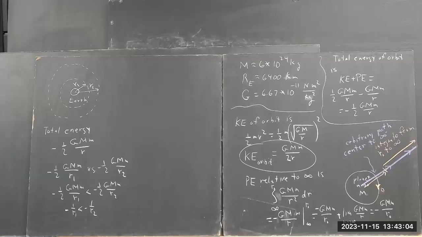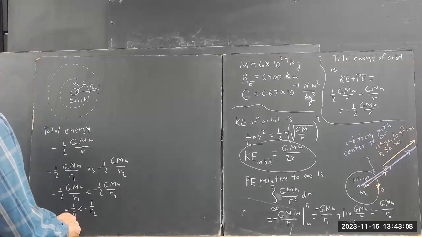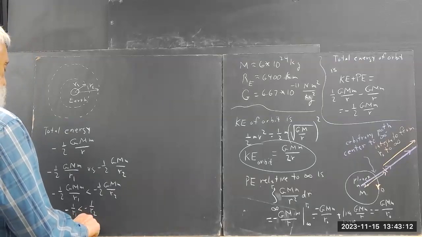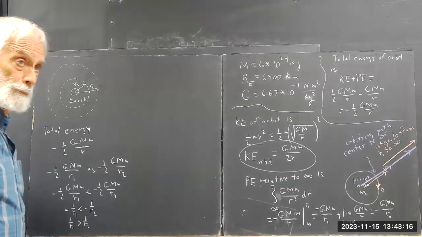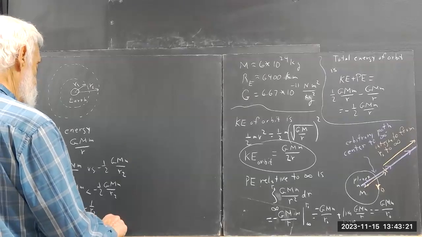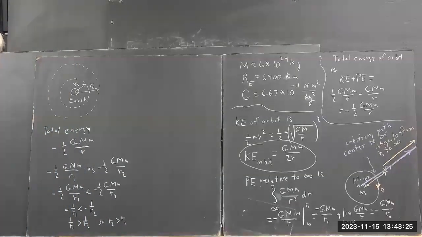Intuitively, maybe it should. Let's multiply both sides by a negative. That reverses the inequality. That is a very simple step. Get R2 is greater than R1. Okay.